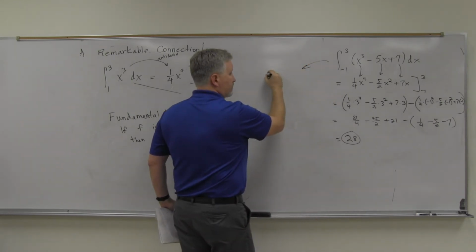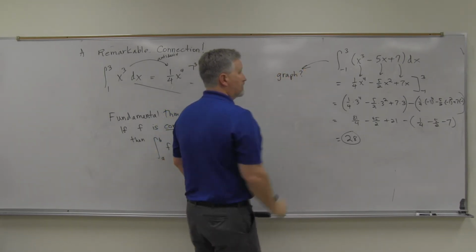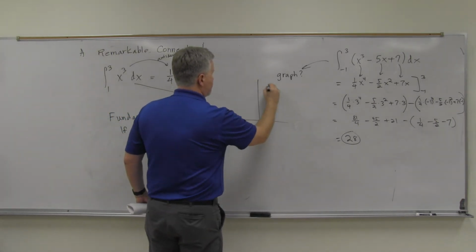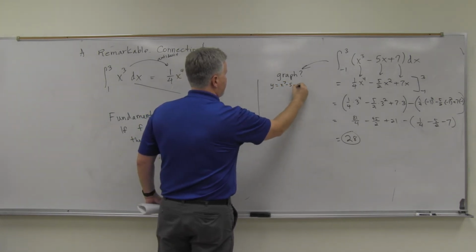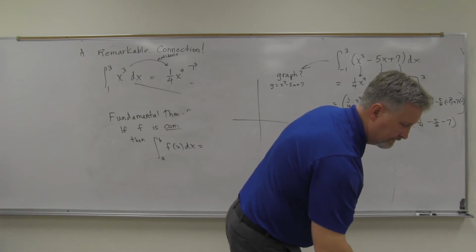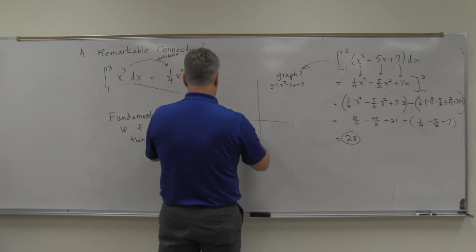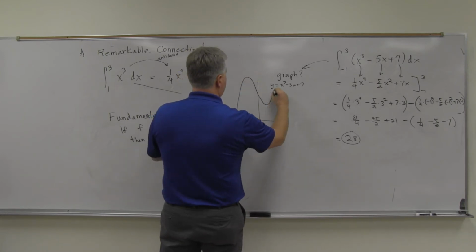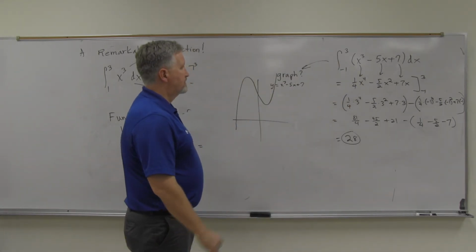What does this represent graphically on the graph of this? Well, if you graph y equals x cubed minus 5x plus 7, here's what you get. So what is this graphically?